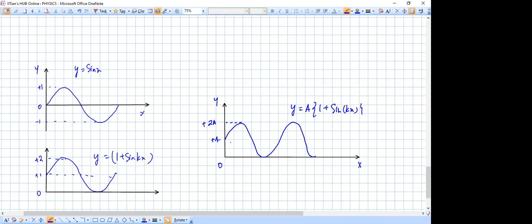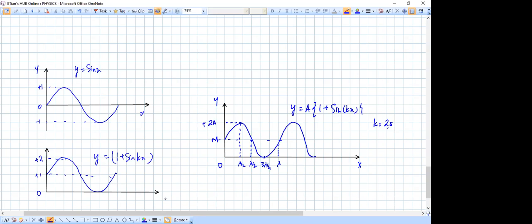Okay. So we can see that this will be one full wavelength. Where k is equal to 2 pi by lambda.